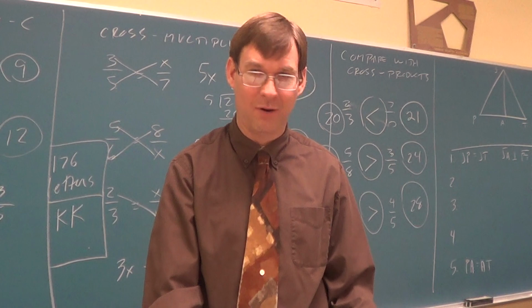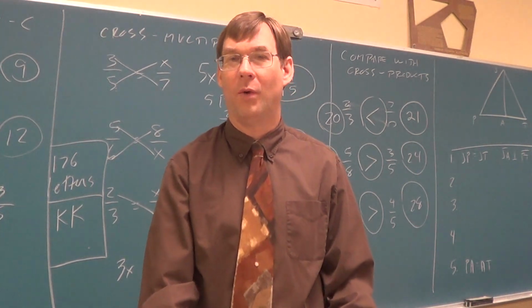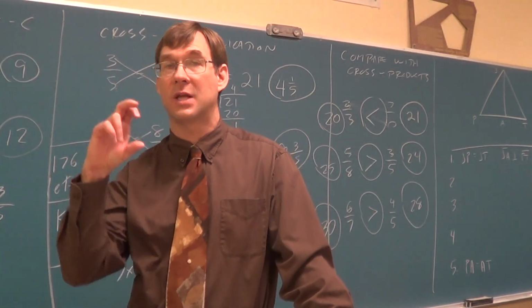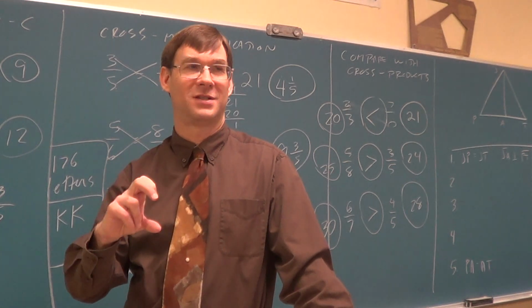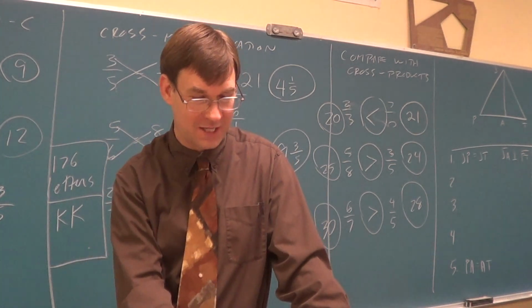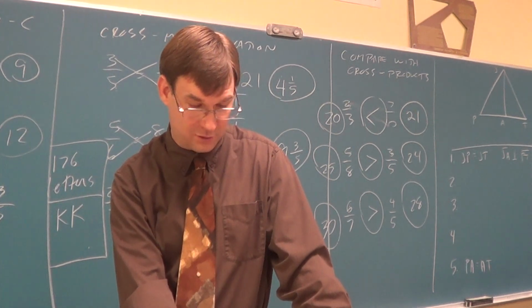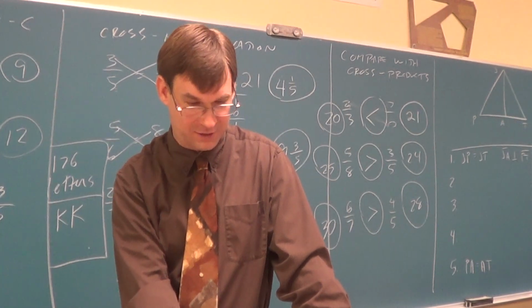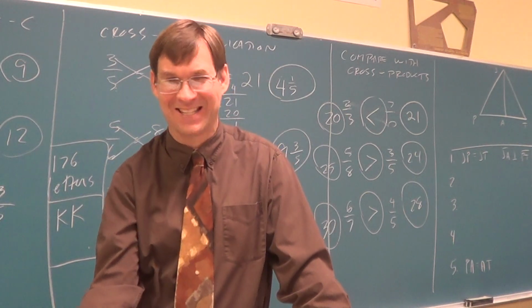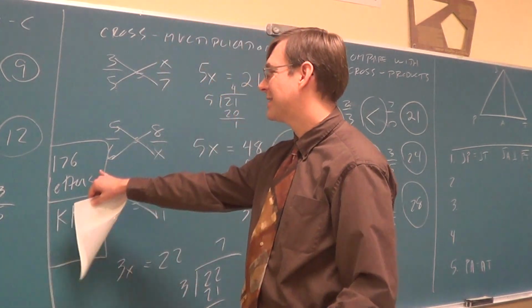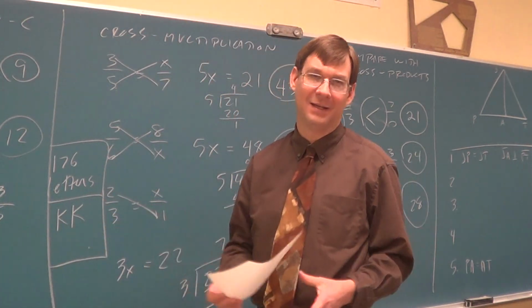Every other set in the book has gone to 25. The one day we had a set that went to 24 because they were going in groups of 6. That was the easiest. So we had a couple 24 sets when they were doing problems in groups of 6. But yeah, for some reason today they went to 20 and then just stopped. So let's go. I don't think anybody's gonna complain about that. So 176 letters, then KK. That's our day.